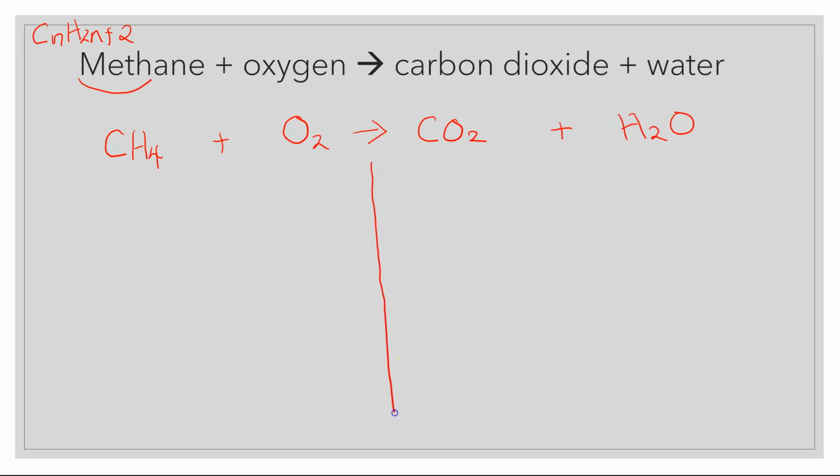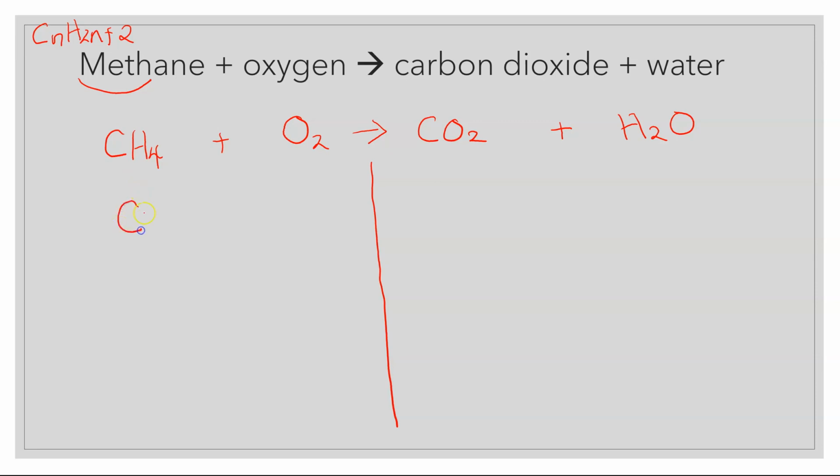I need to make sure it's balanced because atoms just don't disappear. So we need to make sure there is exactly the same number of atoms either side of the equation. So what I'm going to do is split my equation in 2, and I'm going to list on my reactant side what atoms I have.